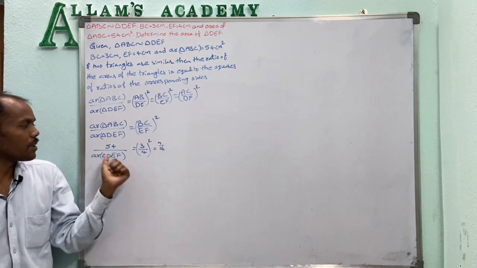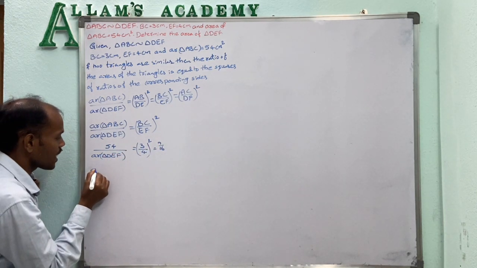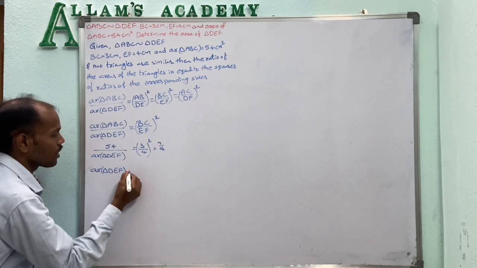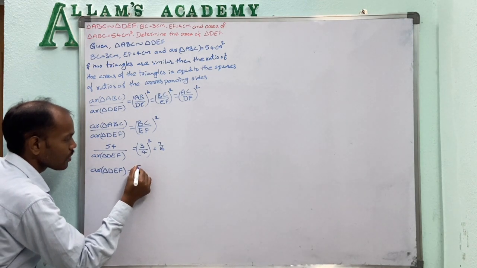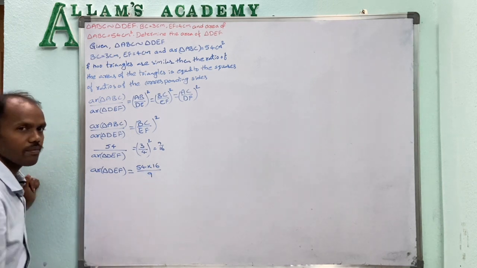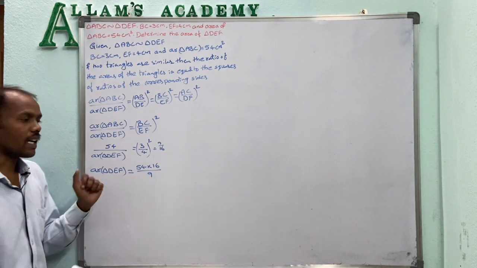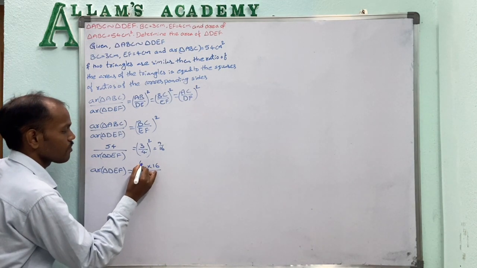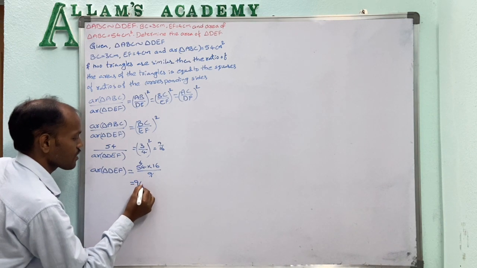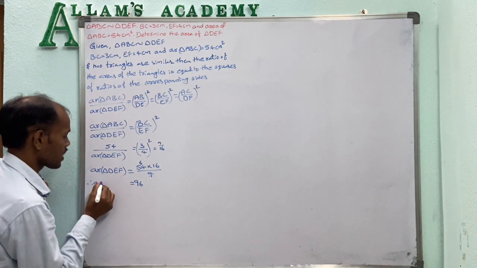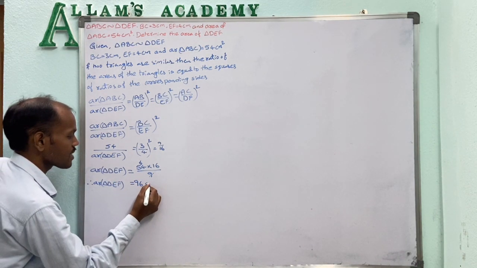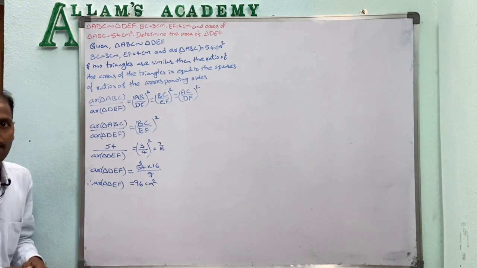So 9 by 16, by cross multiplication, area of triangle DEF equals 54 into 16 by 9. 9 sixes are 54, so 16 times 6 is 96. So area of triangle DEF is 96 square centimeters.